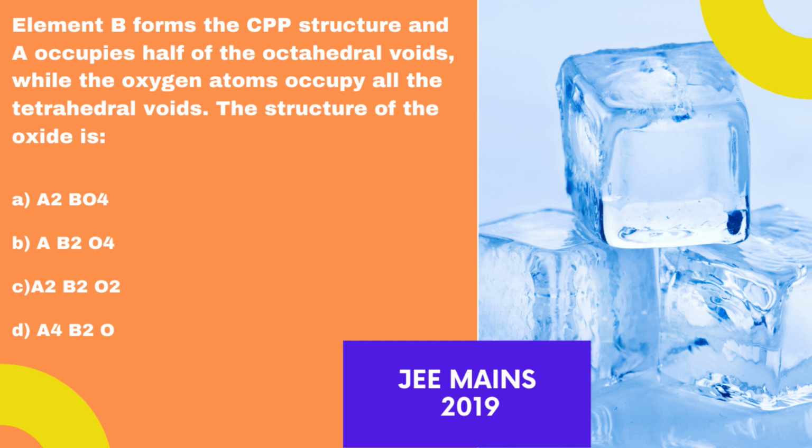In the next one, it says element B forms a CCP structure and A occupies half of the octahedral voids, while the oxygen atoms occupy all the tetrahedral voids. So basically you have to find the structure of the bimetallic oxide that has been formed. Now first of all, I'm writing here, it is made up of three types of atoms: A, B, and oxide ions.